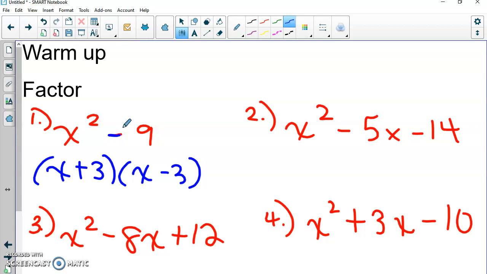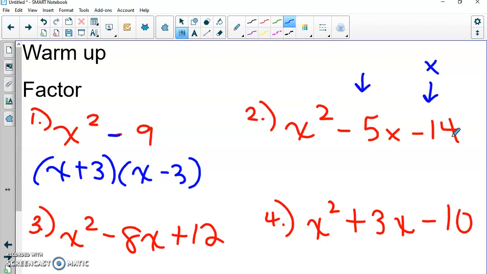Number 2, that's a trinomial, 3 terms. So you look at what 2 numbers multiply to get your constant term, and their sum is negative 5. So the factors of 14 are 1 and 14, or 2 and 7.